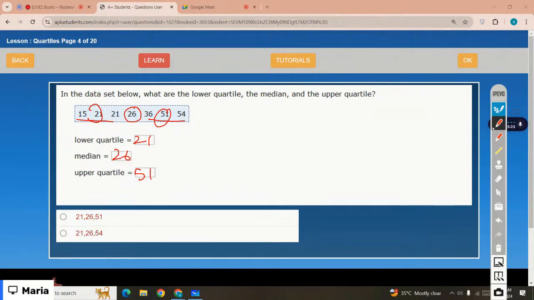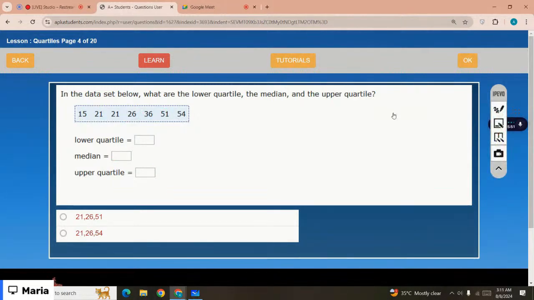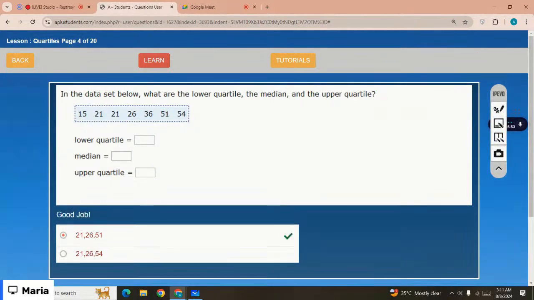So the correct option is 21, 26, and 51. Option number one is the correct option.